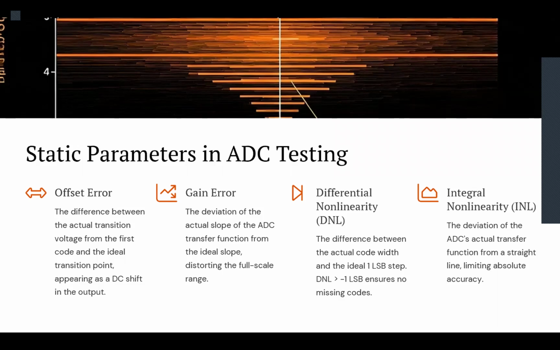Basically, they give insight into the absolute accuracy, linearity, and monotonicity, which are critical in control systems, digital voltmeters, or calibration grade instruments.